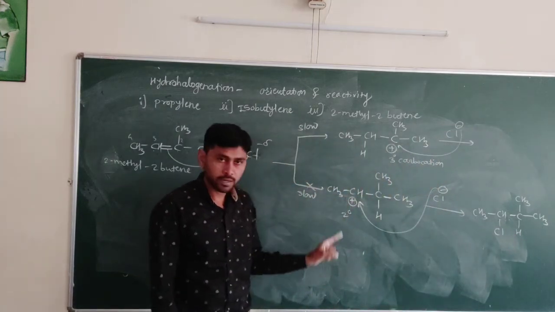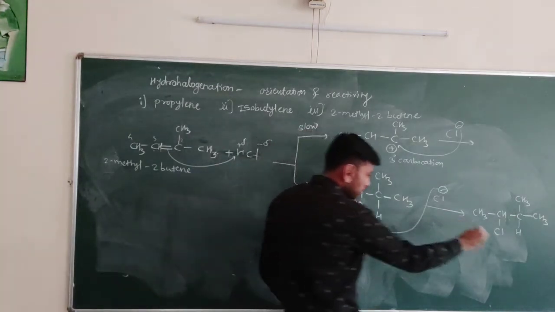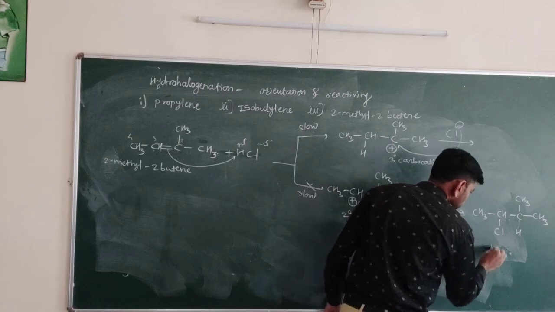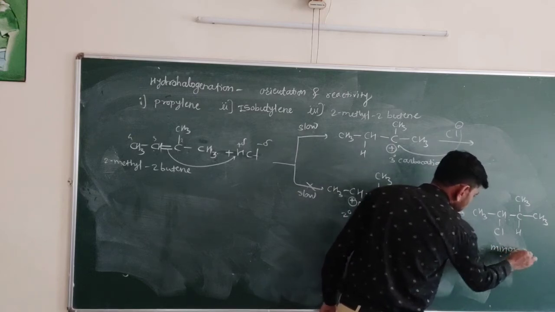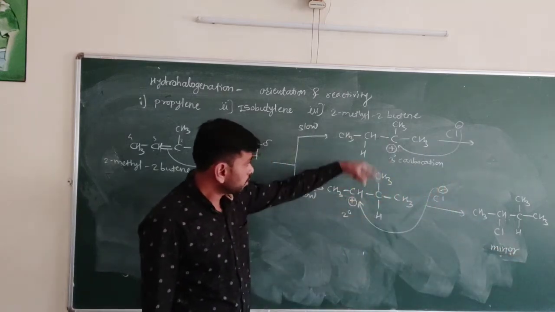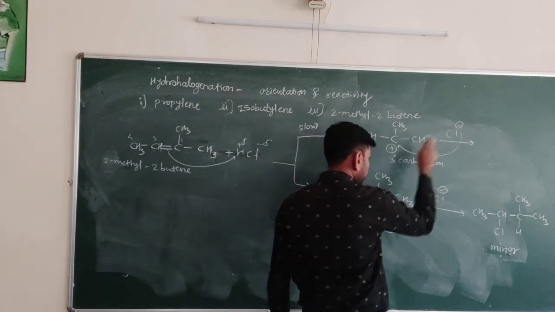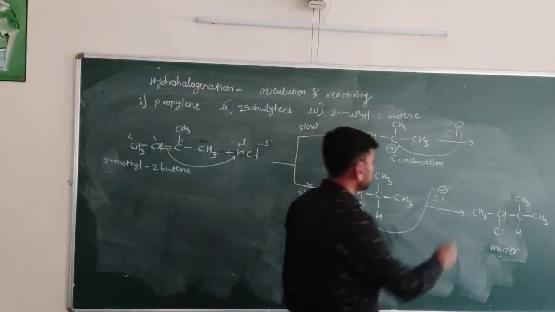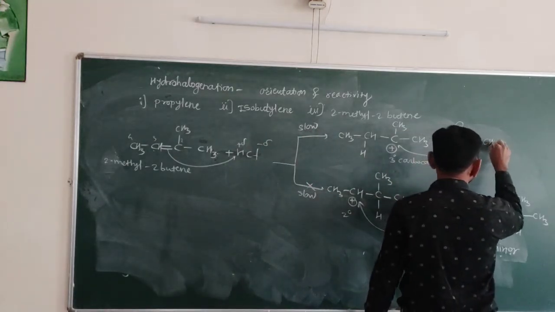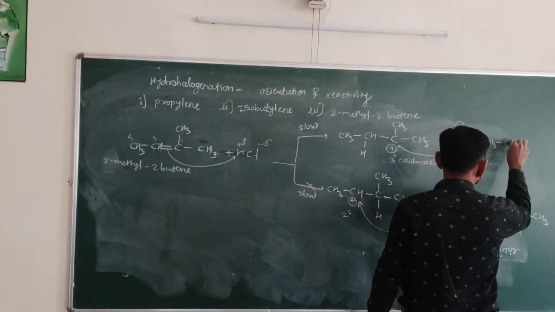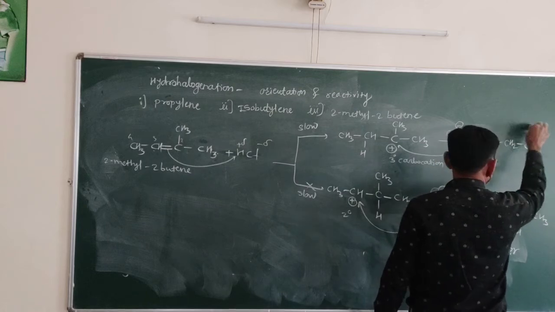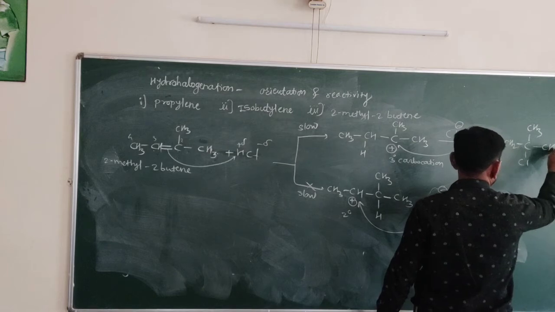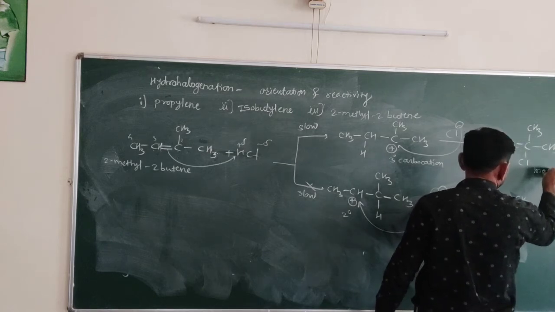This secondary carbocation is less stable, so the product obtained from a less stable carbocation is a minor product. Again, the product obtained from the tertiary carbocation, the more stable carbocation, is the major product. So CH3 CH2, CH3 Cl CH3 is the major product.